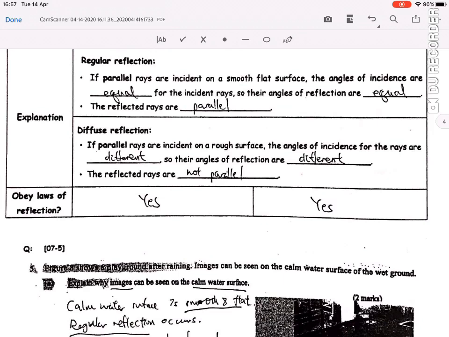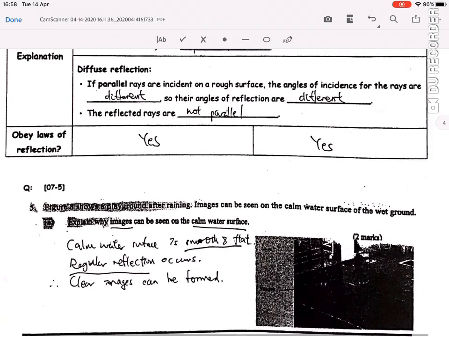Because all of the incident waves are coming in at different angles, the angles of reflection will all be different. That's why you cannot see one clear image, and the reflected waves are not parallel. So do the first one and the second one obey the law of reflection? Yes, for both of them, because all of them will be reflecting the same way as before.